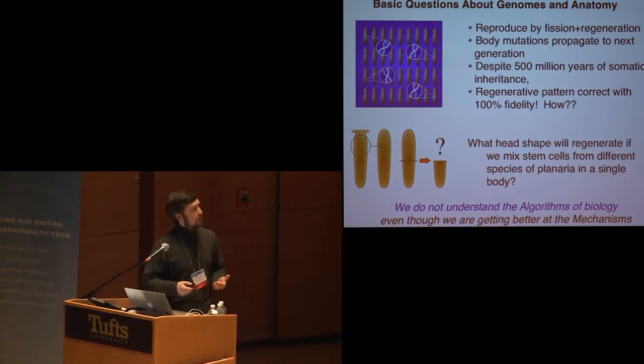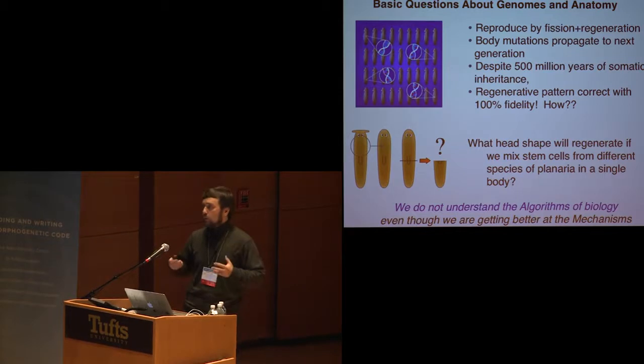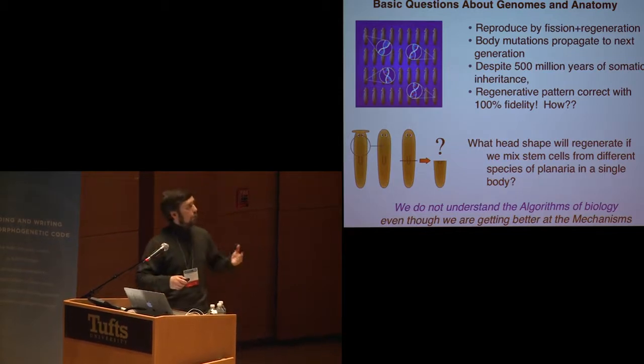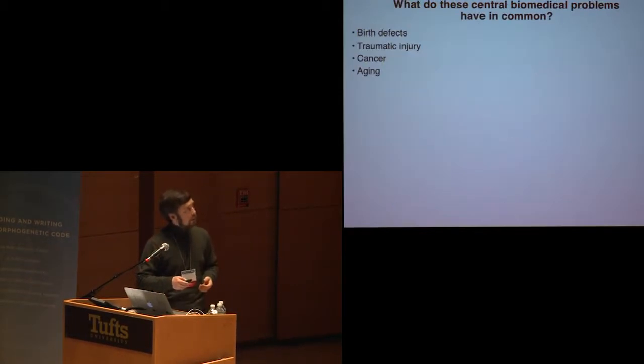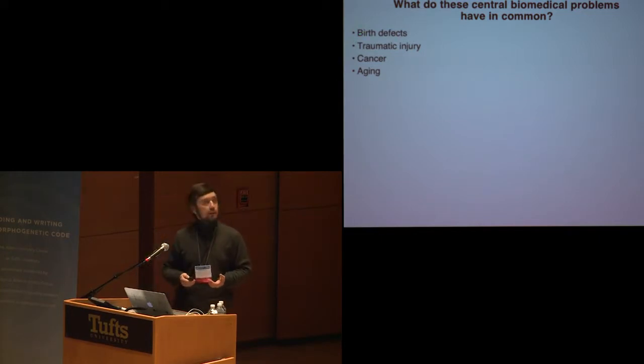The reason we have no idea is that while we understand a lot about the molecules and the mechanisms required for some of these things, we do not understand the algorithms that link large-scale shape and pattern to the underlying hardware. And the reason this is important is because if you look at some of the major problems that biomedicine has, birth defects, traumatic injuries, cancer, aging, what do all of these have in common?